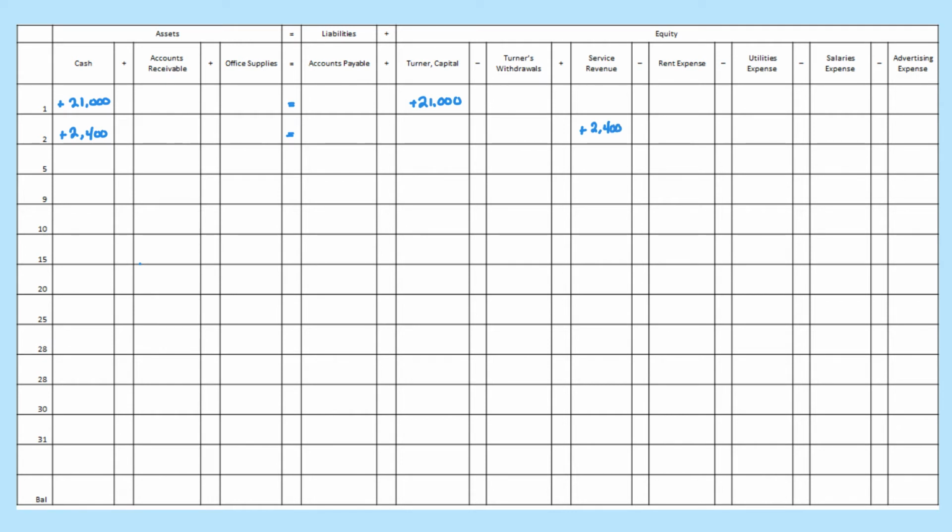So as you can see, my accounting equation is still balanced. On December 5th, paid $350 cash for office supplies. I paid cash, so my cash decreased by $350, while my office supplies increased by $350. So as you can see, your accounting equation still balanced. Both accounts are under assets, so they should go with the opposite direction.